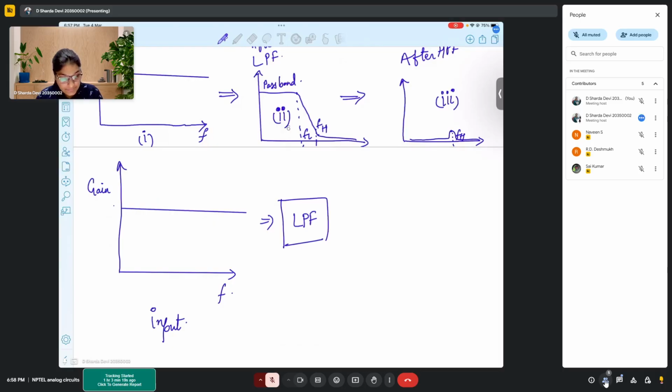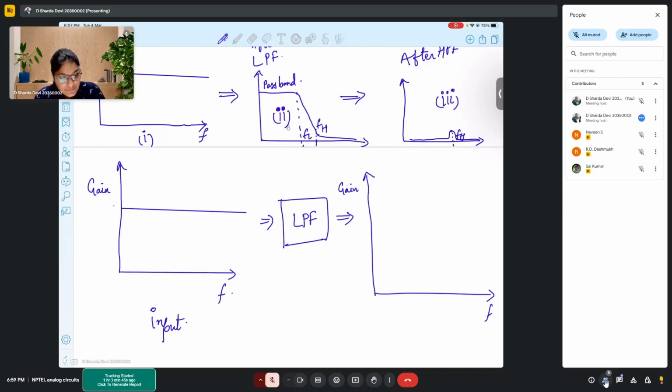Now, when you pass it through a low pass filter, what do you expect in the output? That only lower frequency signals should remain in the output and higher frequency signals should be eliminated. Correct? Yes or no?